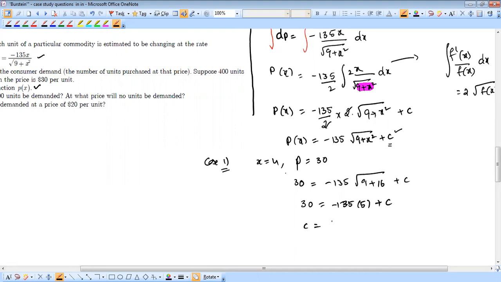Then the constant is equal to 30 plus 675, which is 705.